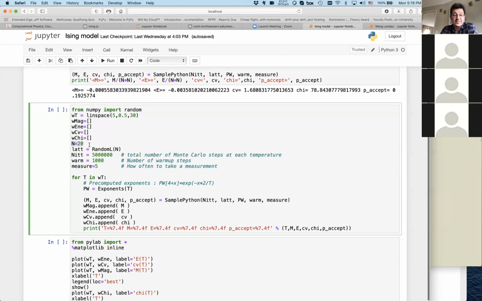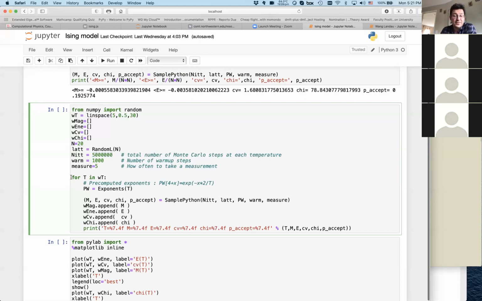The lattice height is going to be 20 now. I warn you that if you increase the number of spins, instead of 20, you would put in 100, then you would need to increase substantially the number of iterations, because otherwise the plot will not make any sense. The phase space becomes so much bigger if n is large that you need to increase the number of iterations.